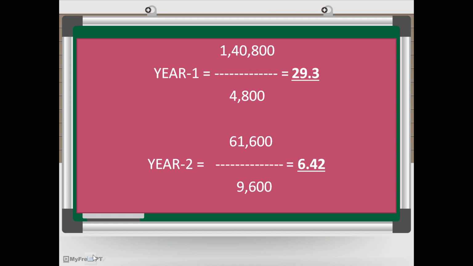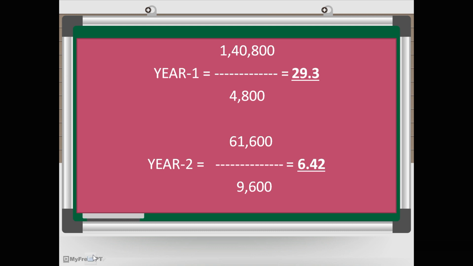So look at the ratios. Compare the figures. It is going down. Capacity is decreasing. See, from 29.3 it is down to 6.42. So this is a big reason to worry about as far as company is concerned, right?